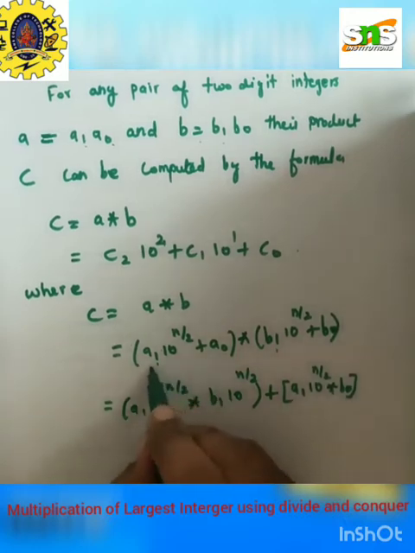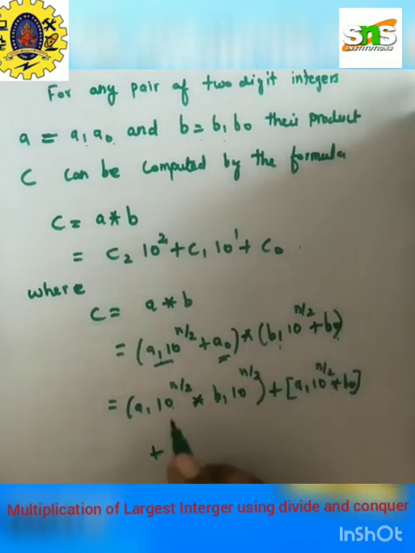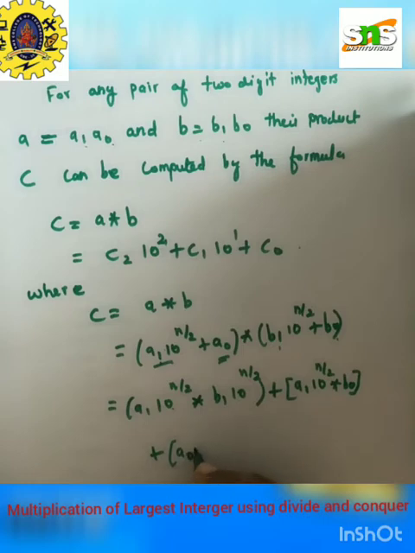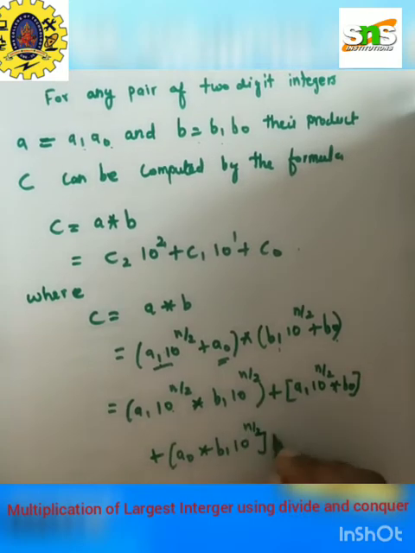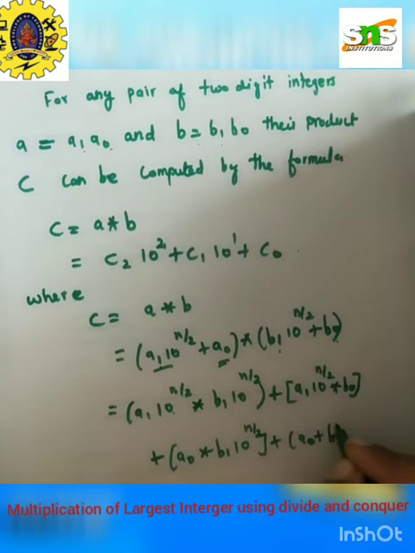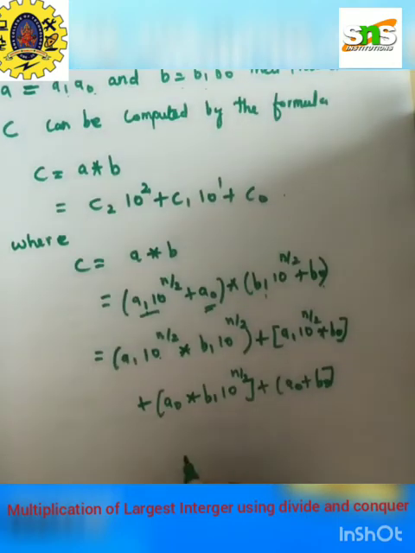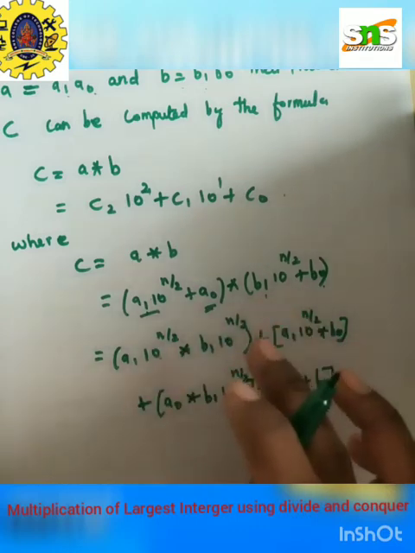You can multiply this term with these two, then this term with these two, then a naught star b1 10 power n by 2 plus a naught star b naught. Okay, this is the multiplication like the pen and pencil algorithm.